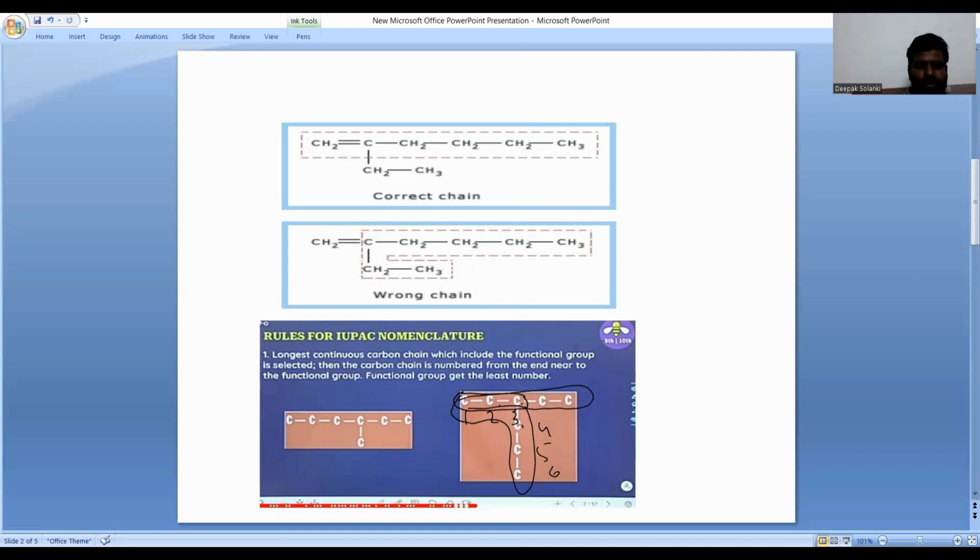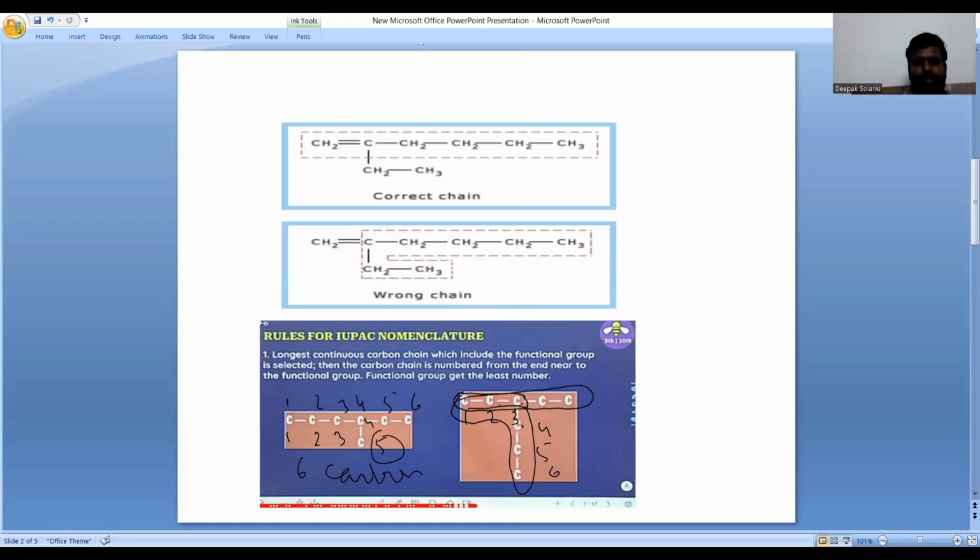And this also you can see, 1, 2, 3, 4, 5, and 6. You can choose this one, which has 5, but 6 is the greater number, so you will choose the 6 carbon chain as the longest chain.